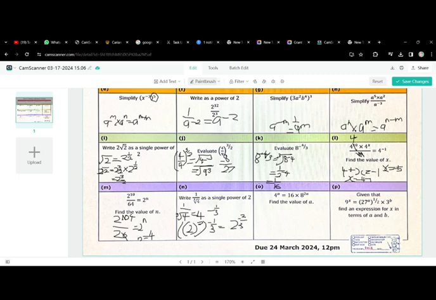So now we'll be moving on to question O. So for a, it equals 16 times 2 to the power of 2a. And we can see all the base numbers are different, so we have to make them the same, which is 2.